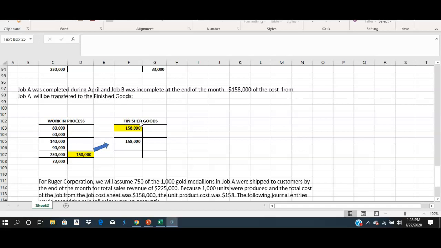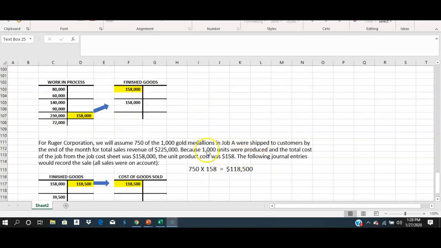So we're saying the total cost for job A was $158,000. All right. Now, if you recall, job A was to produce 1,000 gold medallions. We're saying the total cost of job A was $158,000.